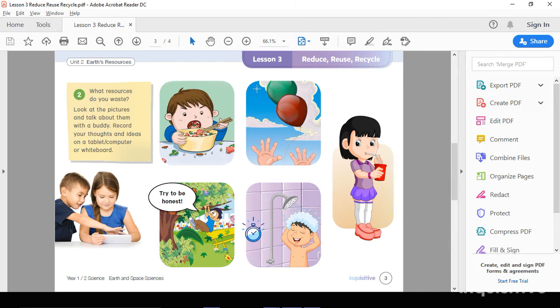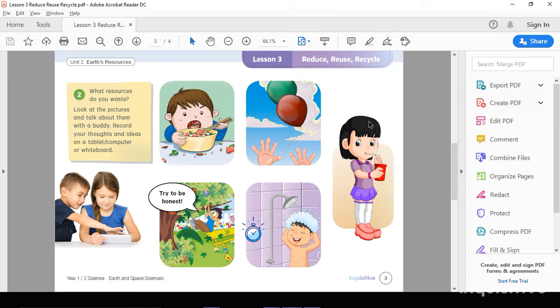If I have a look at the balloons, well, you know what, I'll leave the balloons up to you. Think about which part of that balloon gets wasted. And I'm going to leave this one up to you as well. So think about what is being wasted here by the boy taking such a long time in the shower. So take some time now, either have a chat with a buddy about these two pictures.